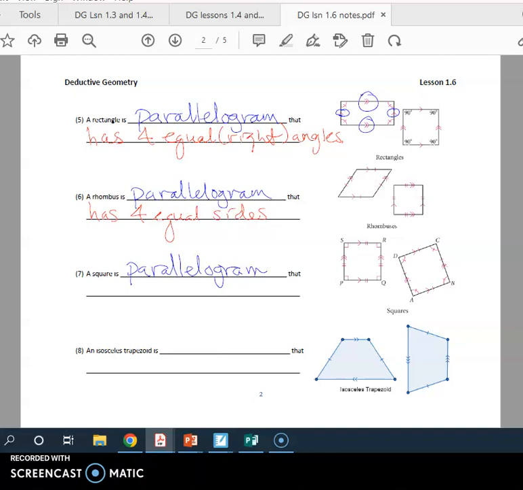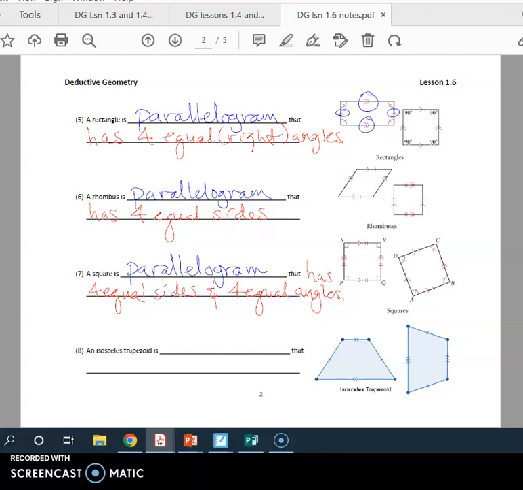And a square is a parallelogram that has, as we defined, four equal sides and four equal angles. So the only difference in these definitions and when we defined them previously is that instead of calling them quadrilaterals, we're calling them parallelograms for your textbook.